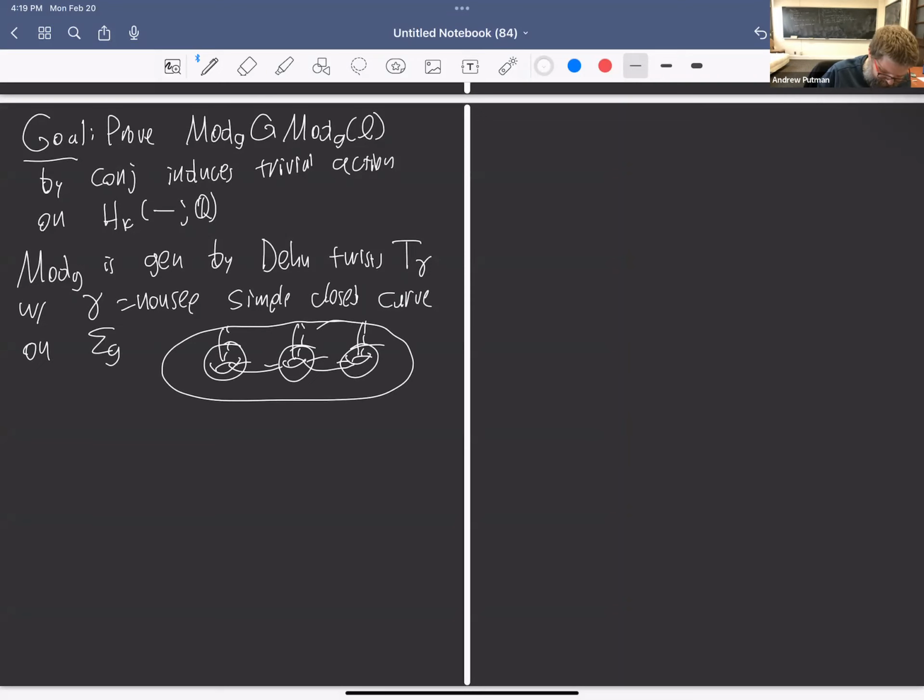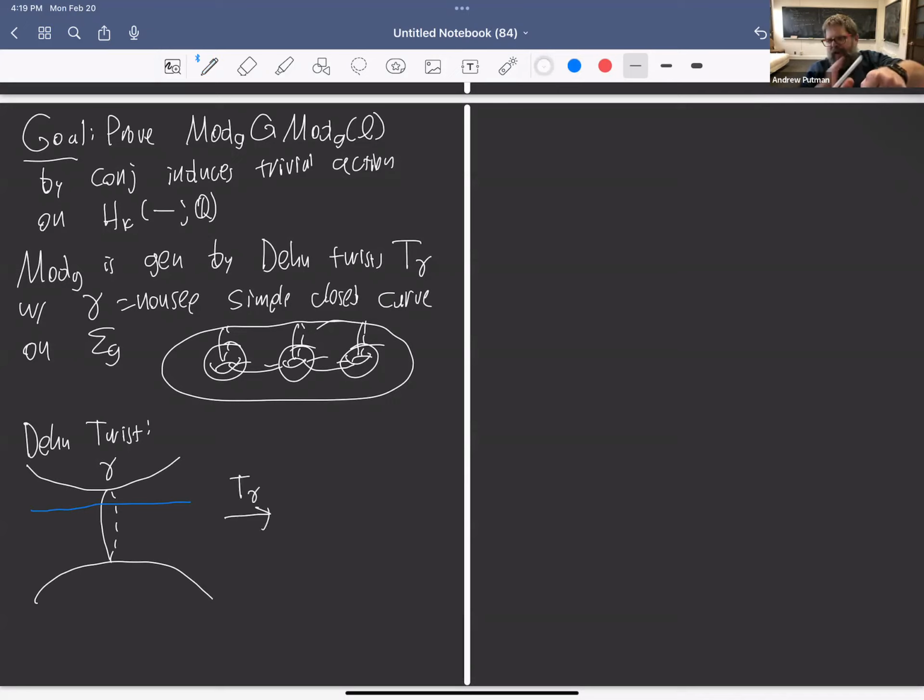And now what is a Dehn twist? There's a sort of picture if you have not seen it before. So you zoom in on your curve gamma, and let's say we look at a transversal curve. What the Dehn twist does is the twist about gamma: you cut along gamma, give it a full 360-degree twist and reglue.